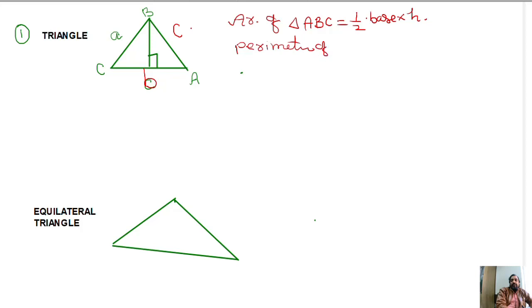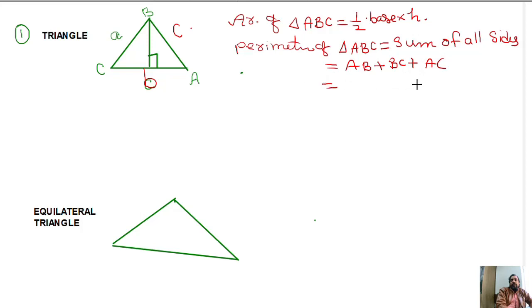Perimeter of triangle ABC is nothing but the sum of all sides. Sum of all sides means AB plus BC plus AC, or a plus b plus c also we can write. This is the perimeter.